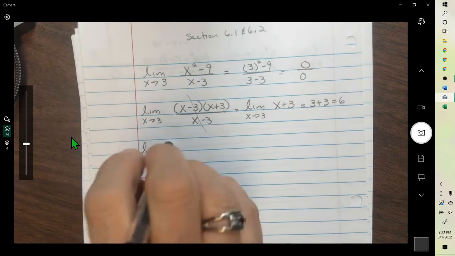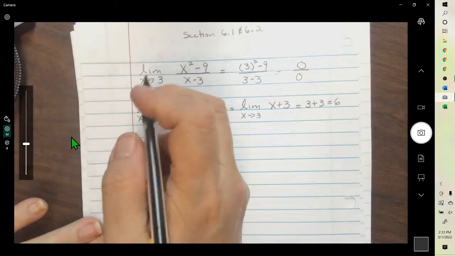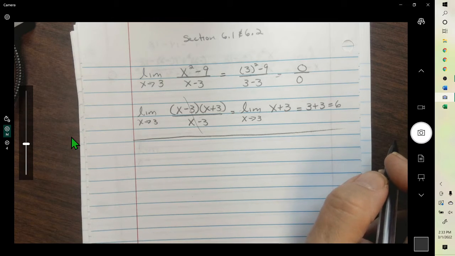Oops. Let's do another one. There's one on the test where you need to find where it's discontinuous.